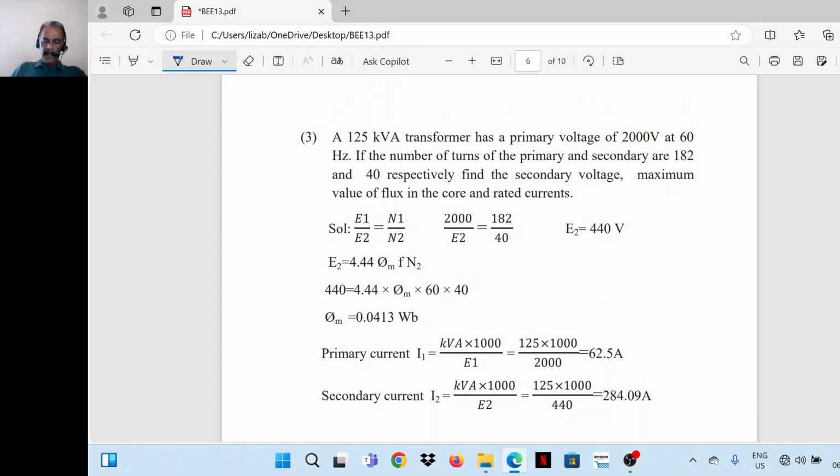Then a 125 kVA transformer. So kVA is equal to 125. Primary voltage, that is E1, is equal to 2000 volts and frequency is equal to 60 hertz. The number of turns of the primary N1 is equal to 182 and N2 is equal to 40.